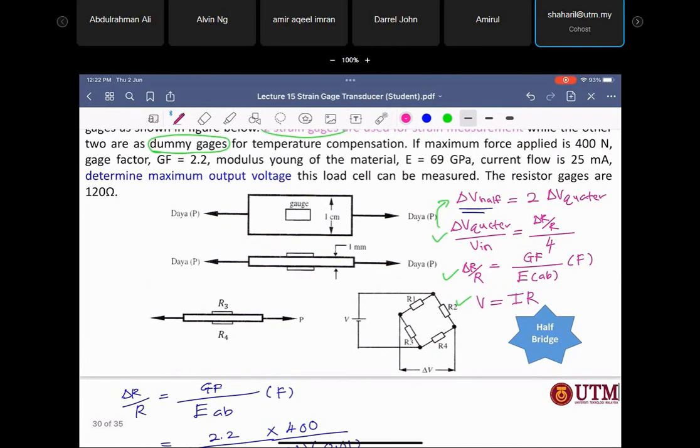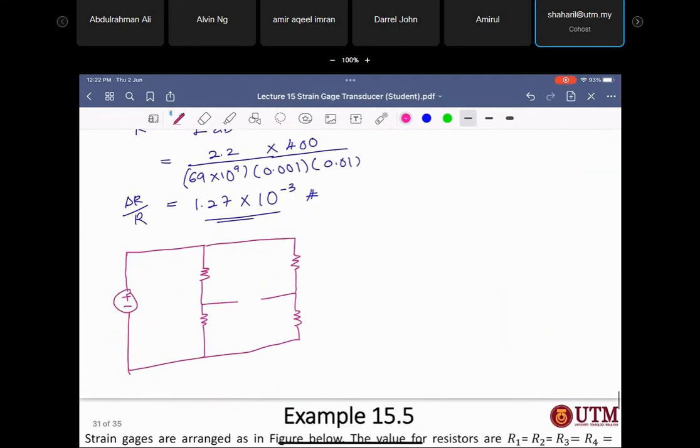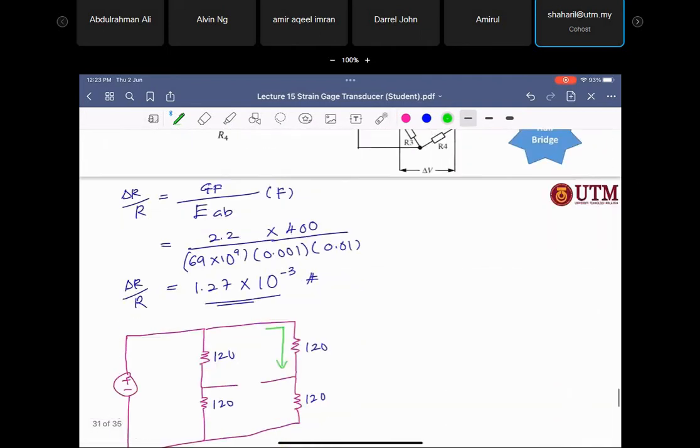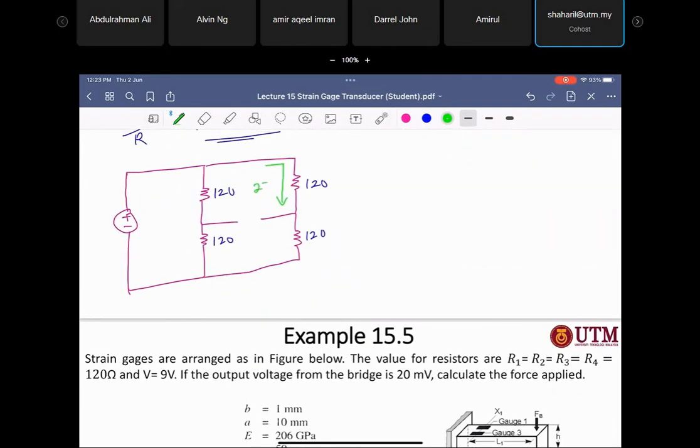It said that the current flow is 25 milliamp. Okay, that says all is 120, right? All 120, 120, 120. So the current flow, that means the current flow to here is equal to 25 milliamp. So we're going to find the V in here.